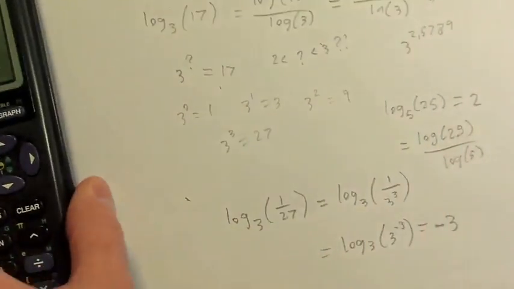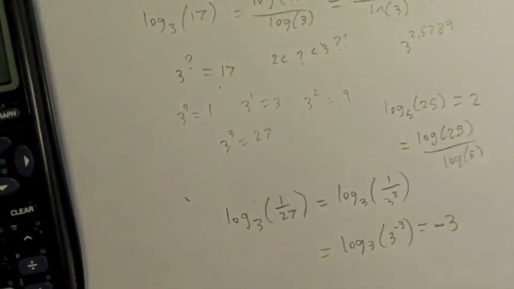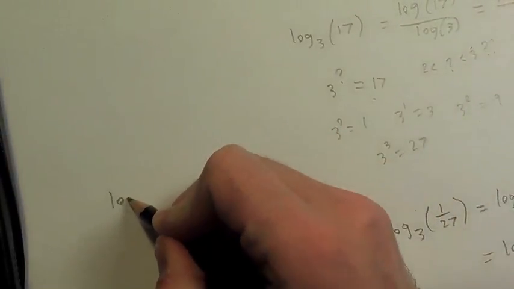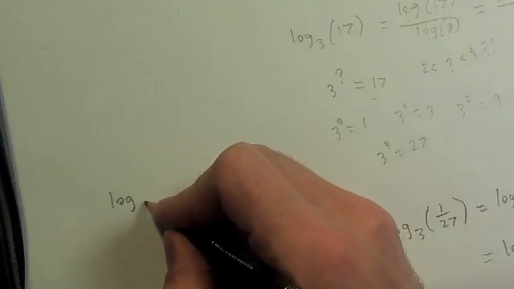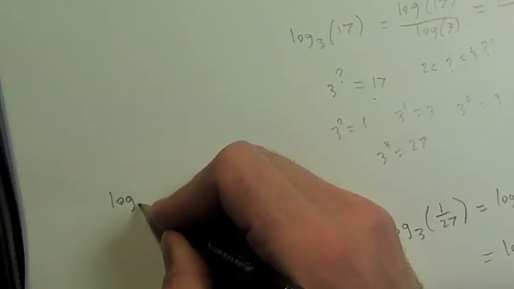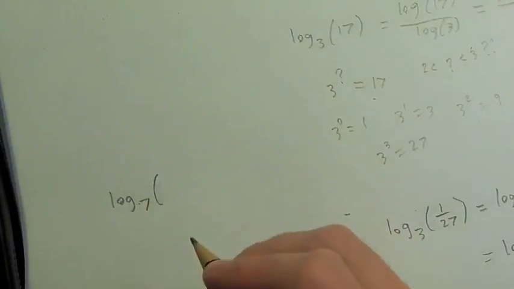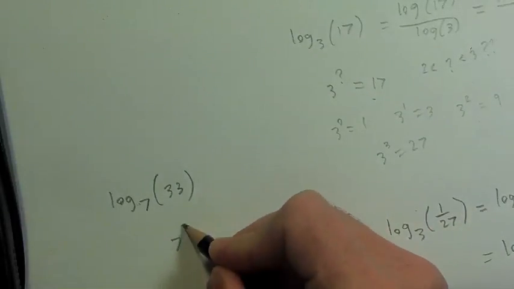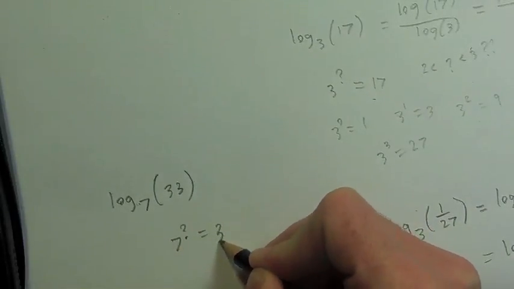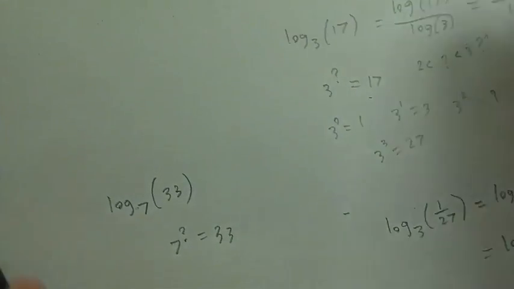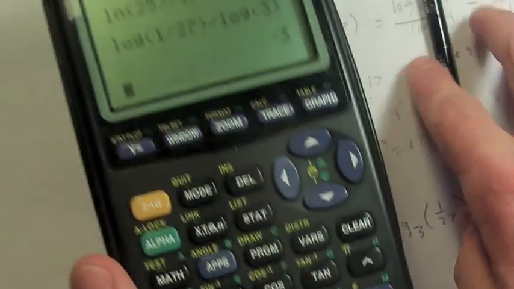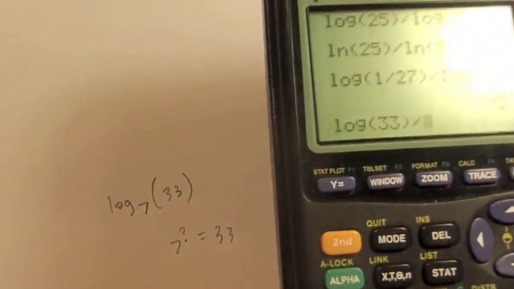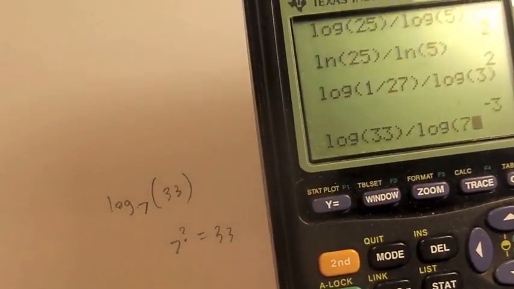Now, you don't need that for these values, but it's very helpful if you need to find something like log base 7 of 33. So 7 raised to what is equal to 33? I don't know off the top of my head, but I could just do log of 33 divided by log of 7.